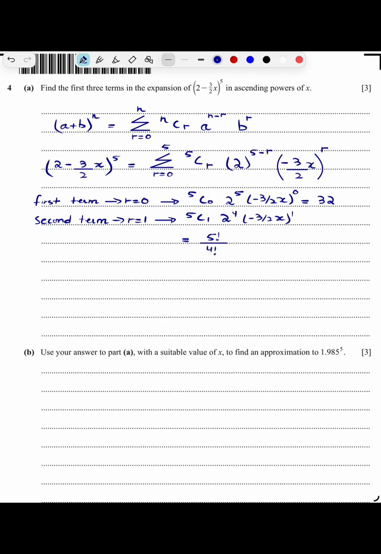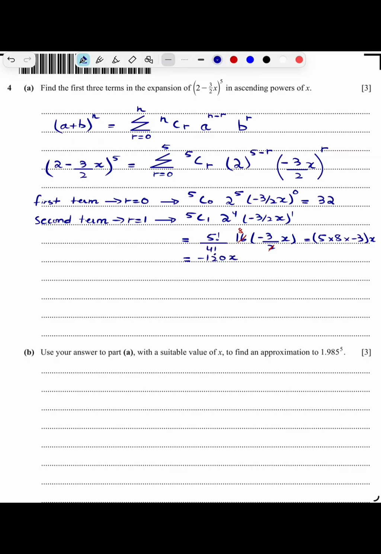And 2 power 4 is 16, and we have a minus 3 over 2x right here, and this becomes 2 8s are 16, right? So we'll have 5 into 8 into minus 3 into x. Okay, so this becomes minus 120x.